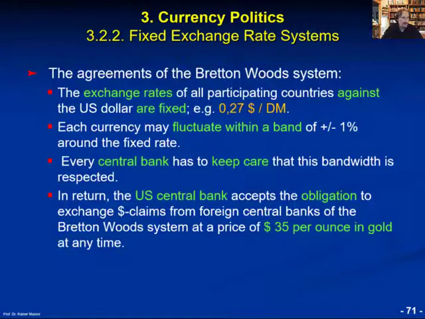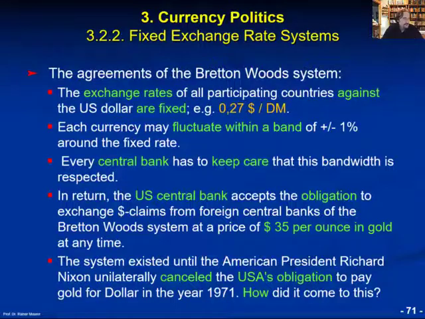In return, the US Central Bank accepts the obligation to exchange dollar claims from foreign central banks of the Bretton Woods system at a price of $35 per ounce of gold at any time wanted.